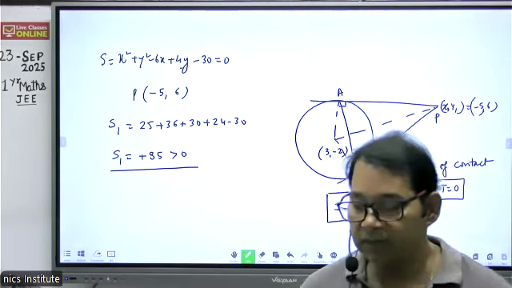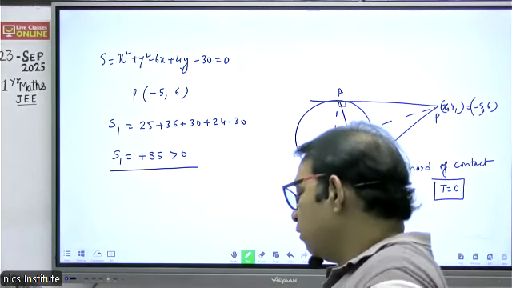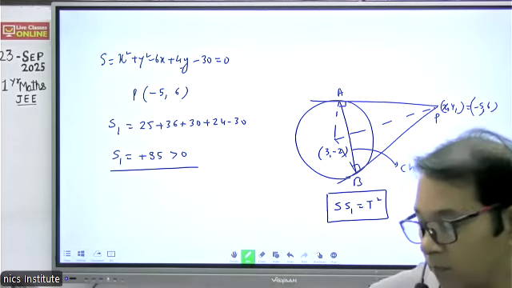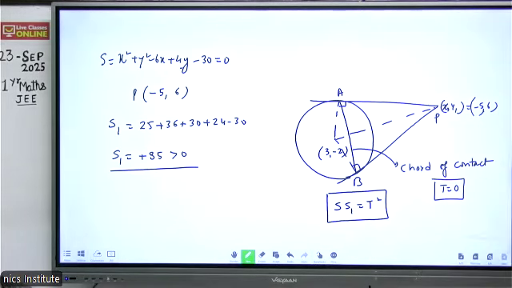SS1 is equal to T square gives us, लिख लो, a combined equation of pair of tangents from an outside point to a conic. हर conic section में यही चलेगा. Conic का मतलब circle, ellipse, parabola, hyperbola. So if the point lies outside the conic, then the combined equation would always be SS1 is equal to T square. अगर यार recap कर लो, because बहुत सारी चीजें नई नई हो गई अब.